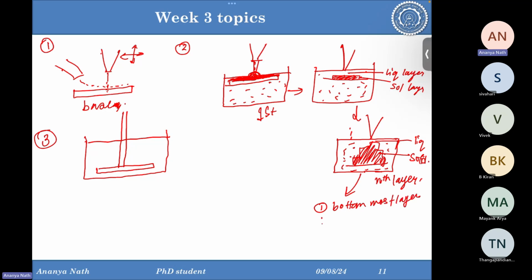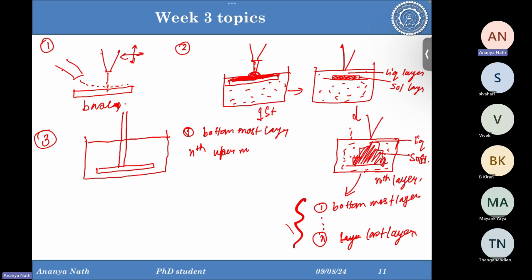Here also, first the bottommost layer will be solidified, and in the nth layer, which is the last layer, the uppermost layer will be solidified. So there is no difference in these techniques, only the build plate is vertically upside down.